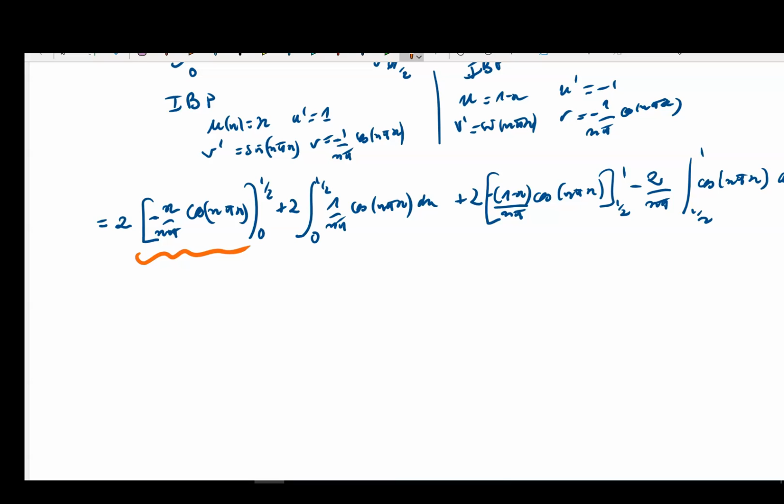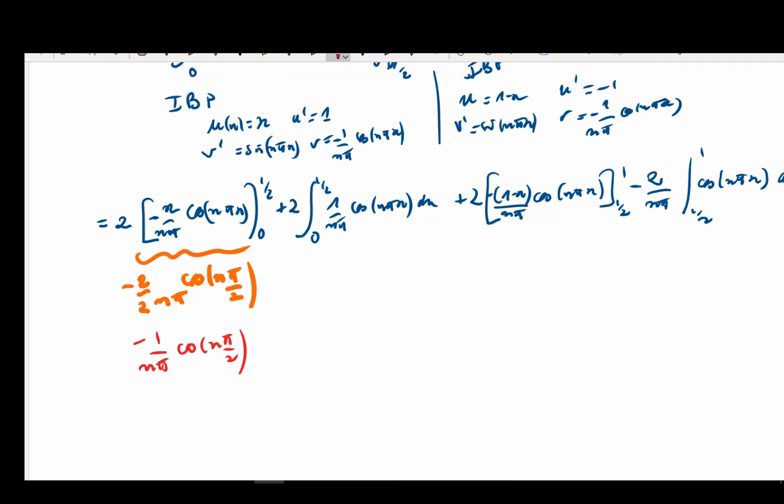All right, so I get what's left of this: 2 times minus 1 over 2 over n pi cosine n pi over 2. That's a bit too thick, so let me just rewrite this. Minus 1 over n pi cosine n pi over 2.